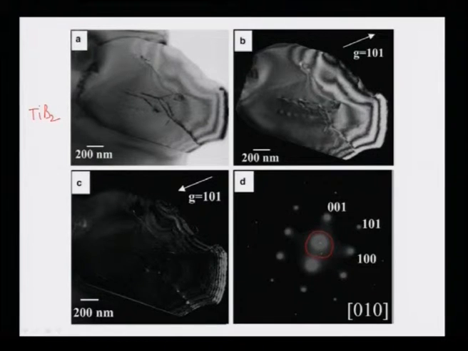That means this one is formed because of the forward scatter, or the electrons which have directly passed through without undergoing any kind of diffraction. On the other hand, the electrons which have undergone scattering or diffraction can be seen like this. These are elastically scattered electrons which have led to the diffracted spots. Now, if I put my aperture only on the transmitted beam, as I said, I generate this image at the top left, which is known as a bright field image.